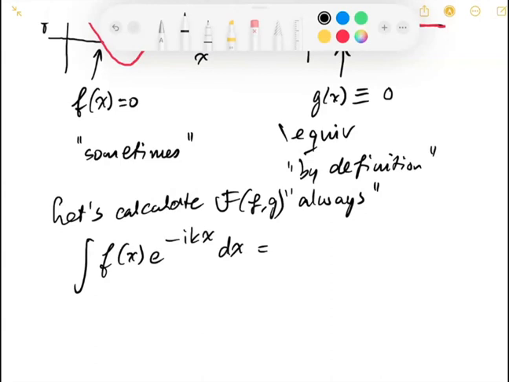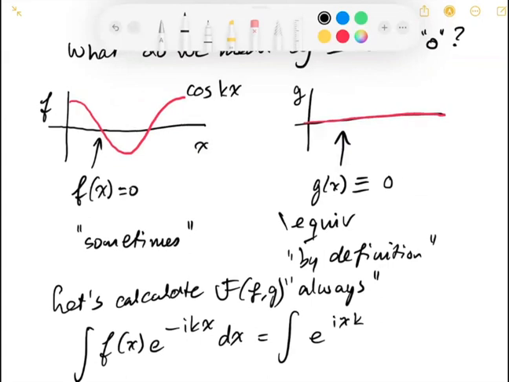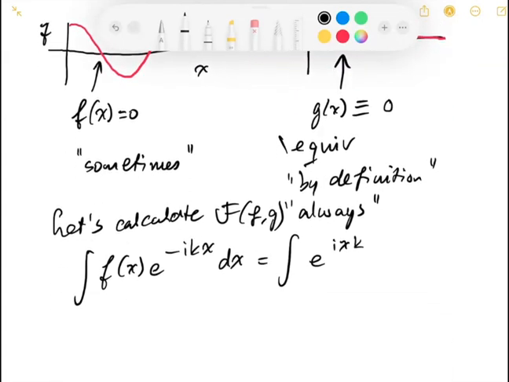The cosine of k prime x we can write as e to the i k prime x plus e to the minus i k prime x.